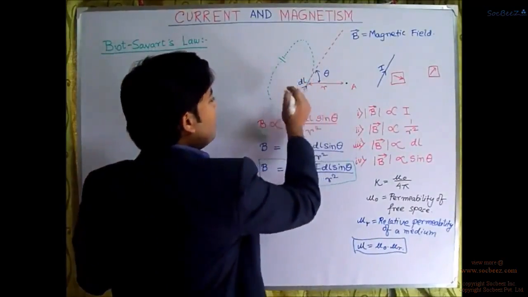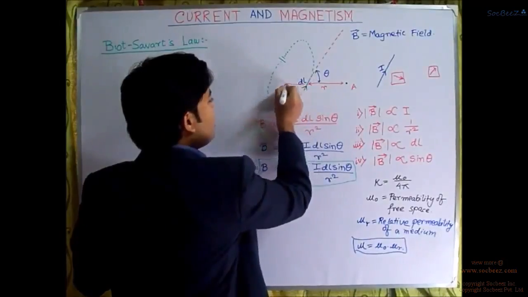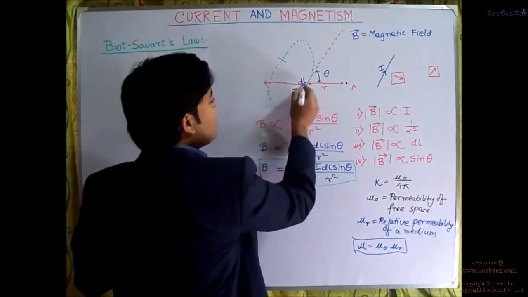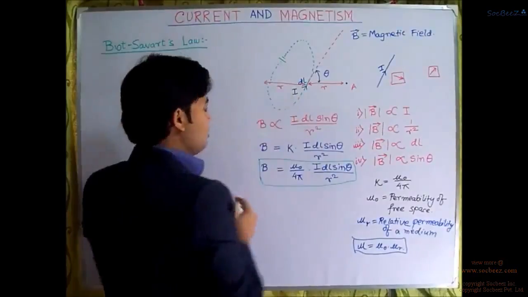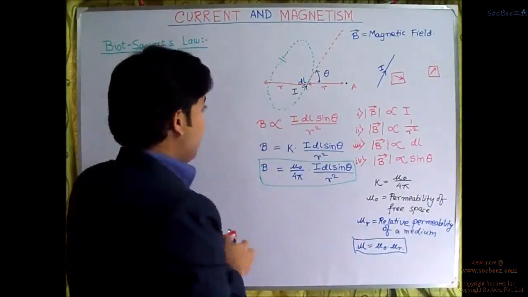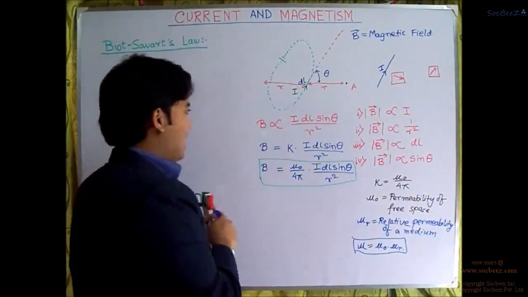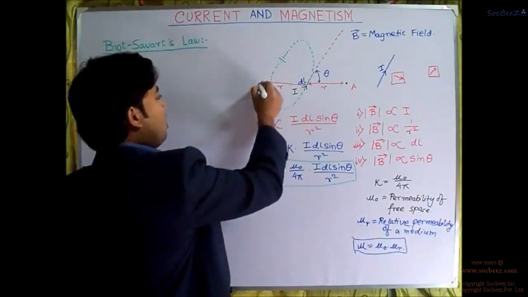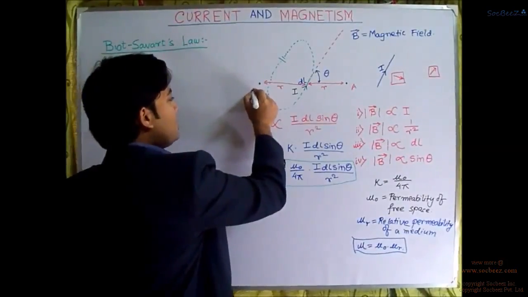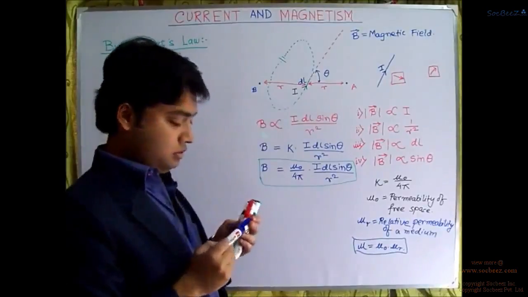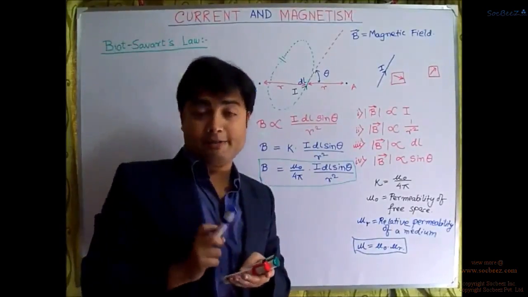This is the arc over here, and we are taking another point of the same distance, but on the other side, say this point is B. So what would be the direction of B now?